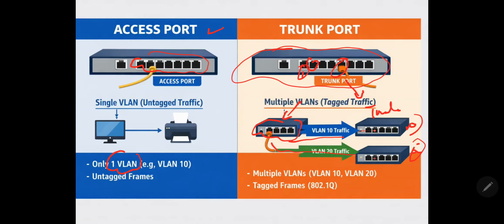A trunk port is used to connect network devices such as switches, routers, or firewalls. It can carry multiple VLANs at the same time by using VLAN tagging, allowing different types of traffic to share a single physical link. Okay, I think that is enough for this explanation.